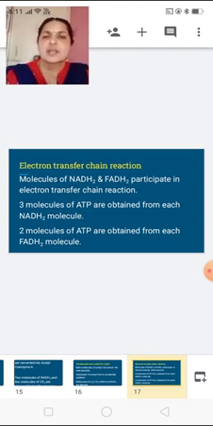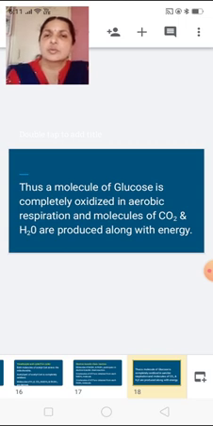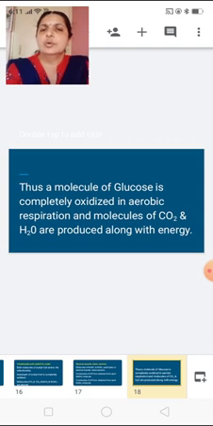At the end of aerobic respiration, glucose is completely oxidized, and molecules of carbon dioxide and water are produced along with energy. What do we get at the end? Energy, water and carbon dioxide. These three are produced at the end of aerobic respiration.